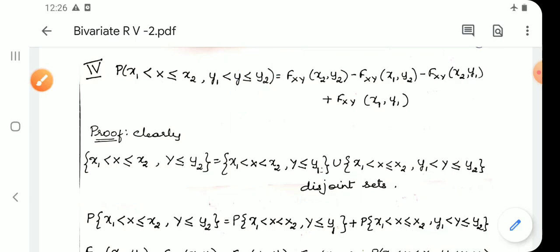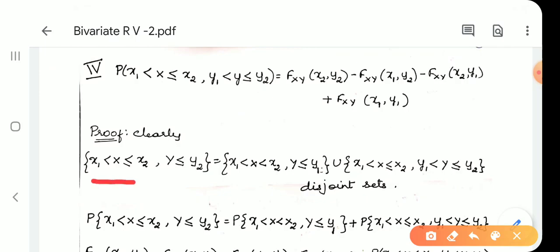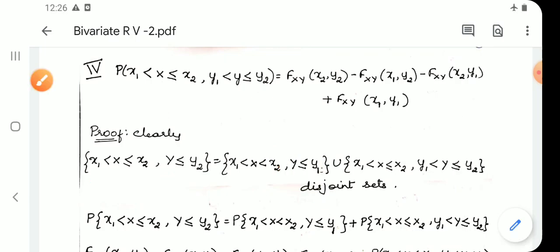So it becomes x1 less than X less than or equal to x2, comma Y less than or equal to y2, which can be clearly written as the union of two sets: x1 less than X less than x2. Here the set does not contain x2, comma Y less than or equal to y1. This set contains all the elements less than or equal to y1. It includes y1 also.